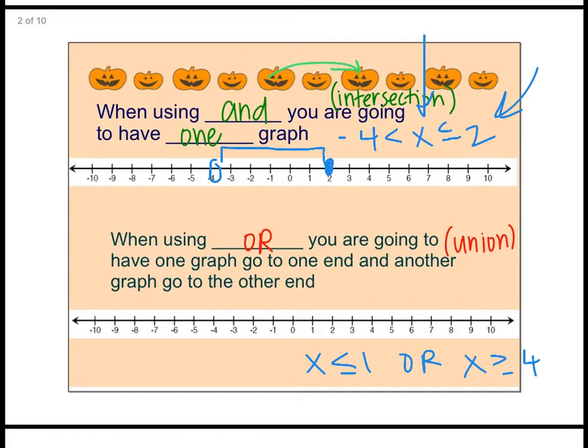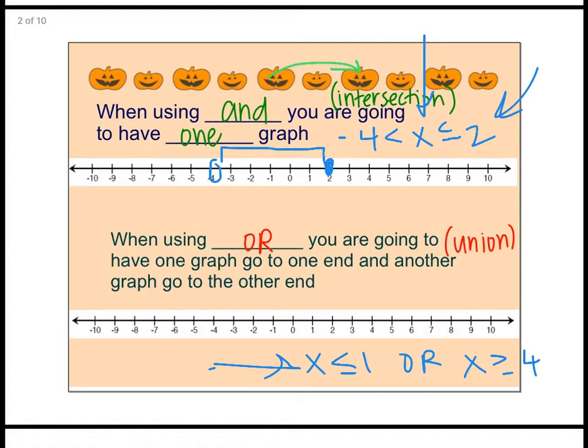When you're using an "or," you're going to have one graph go to one end and another graph go to the other end. Or in other words, your graphs do not cross. And we call that a union. An example of an "or" compound inequality is given down here. The nice thing with "or" compound inequalities is they have the word "or" in them, so you know that's what they are.